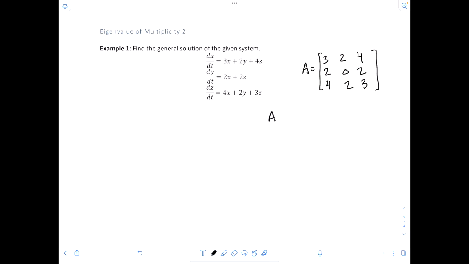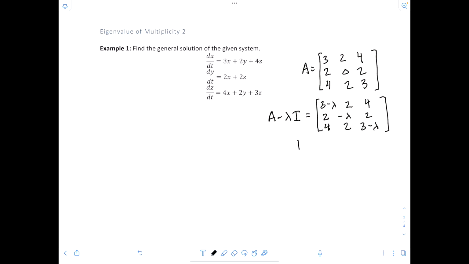And then we need A minus lambda I, so it'll just be 3 minus lambda, 2, 4, 2, negative lambda, 2, 4, 2, 3 minus lambda.